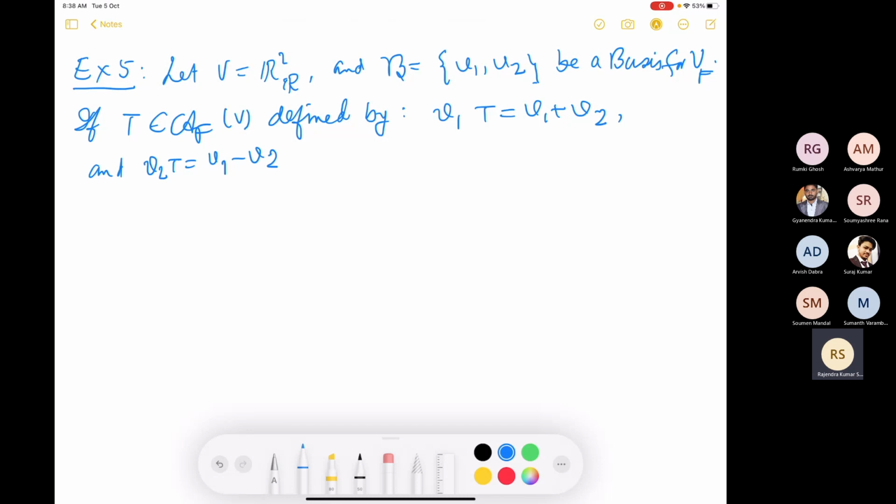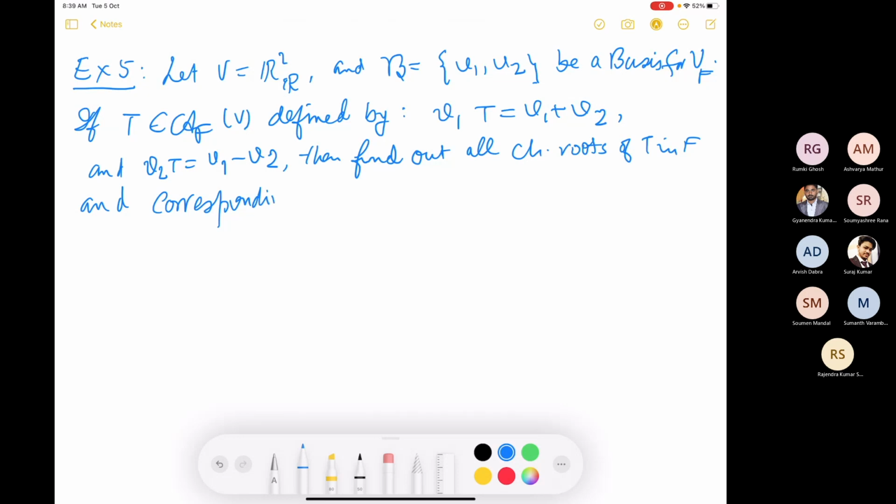So there is a little change from the earlier example. So here we have this linear transformation defined by this. Then find all characteristic roots of T in F and the corresponding characteristic vectors of T.